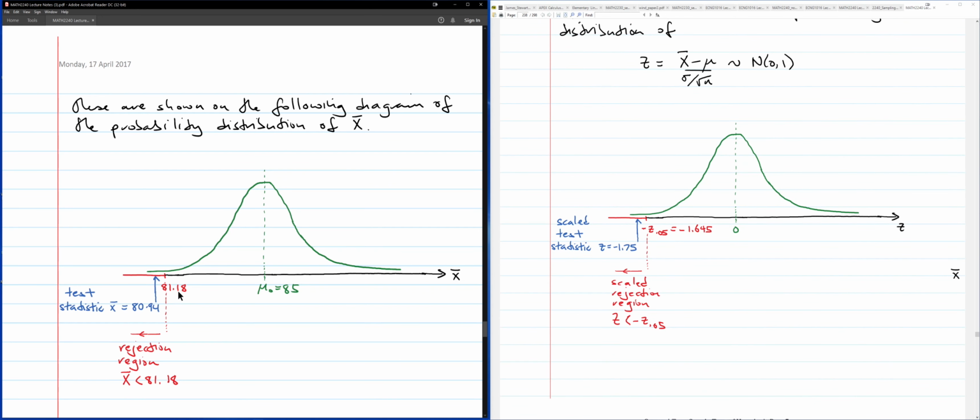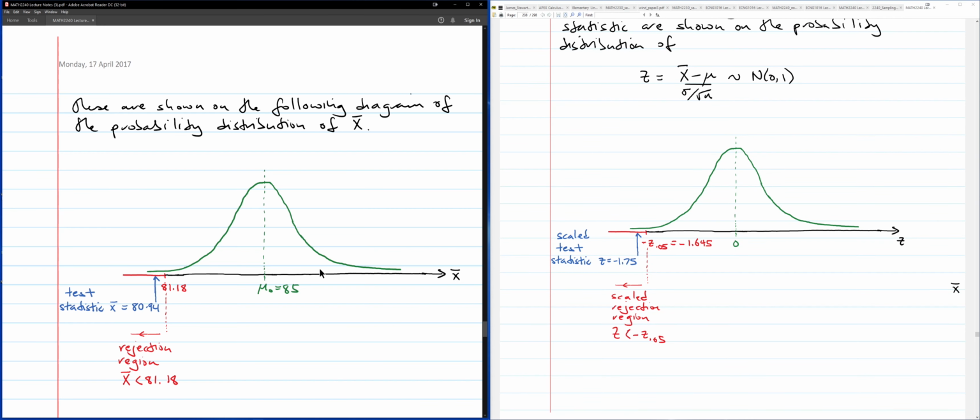So the rejection region, which was x bar less than 81.18, is now going to scale to the big Z being less than minus Z.05. In other words, this critical Z less than this critical value over here.